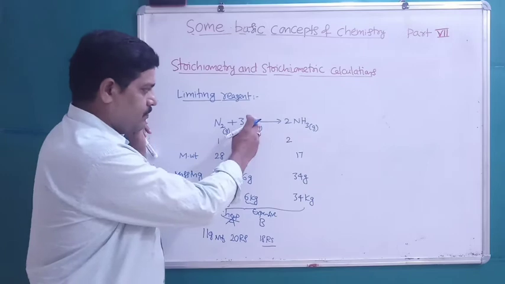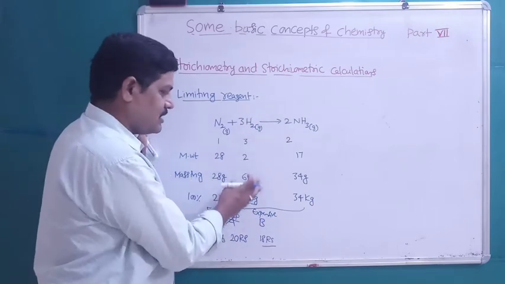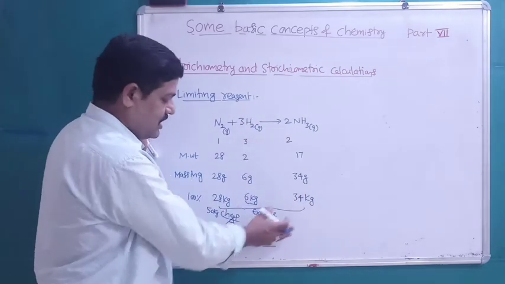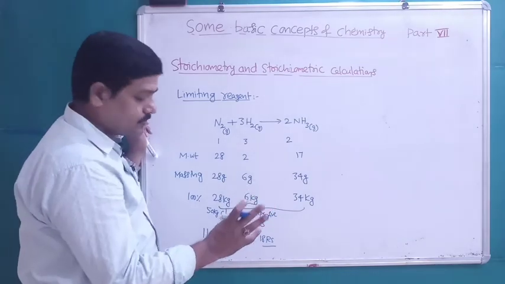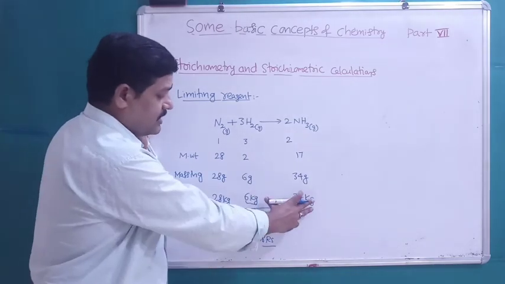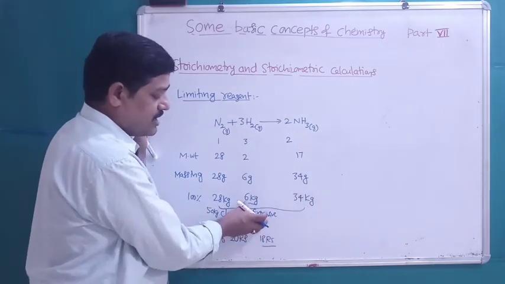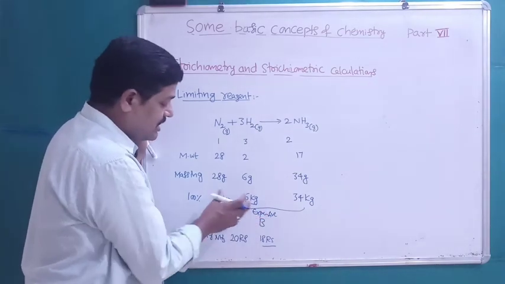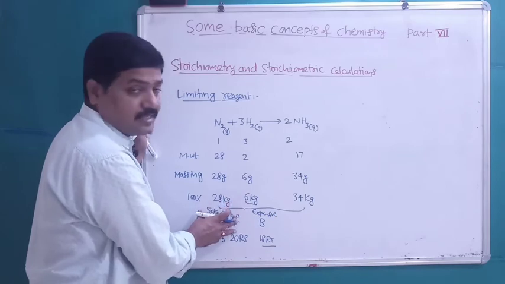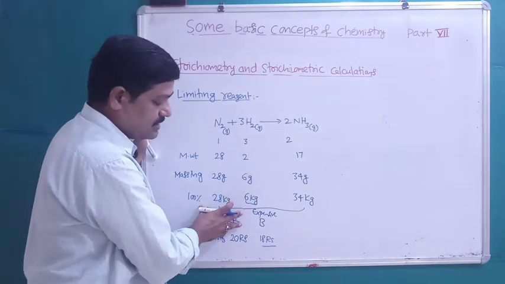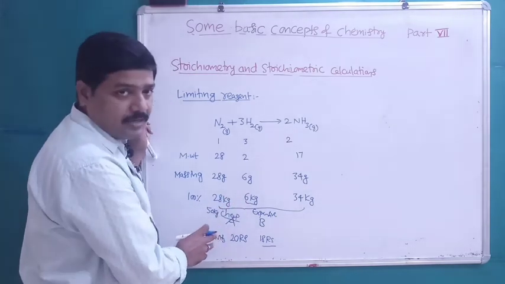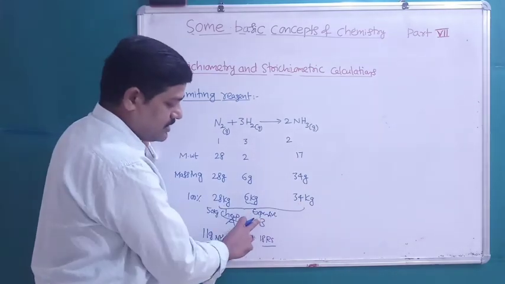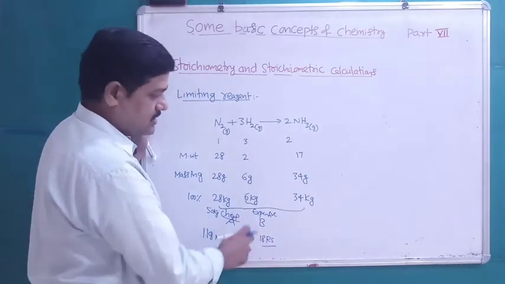Then the H2 will be completely reacted, so the unit cost will be reduced. The one which is completely consumed in the reaction is called the limiting reagent. The other reagent which we take in excess is called the excess reagent. The amount of product is decided only by the limiting reagent, right?